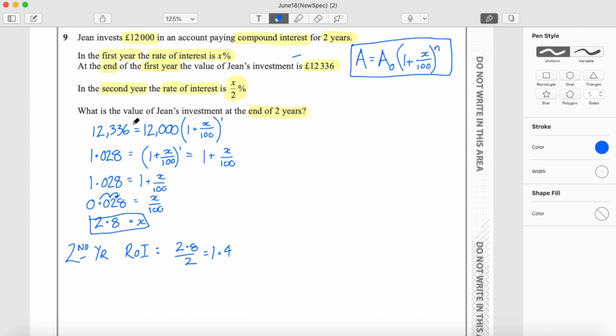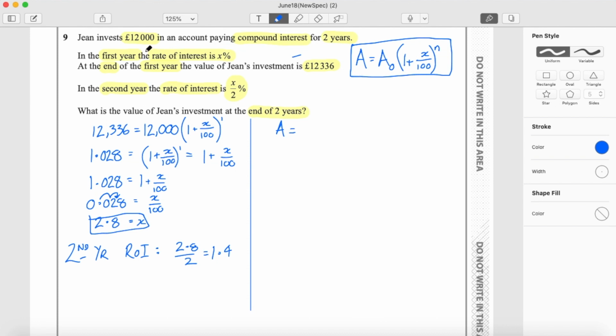We can now use our formula again to find the second year value of the investment. So I'm just going to draw a line down here. So to find out our second year value of the investment, we'll put in the year before.